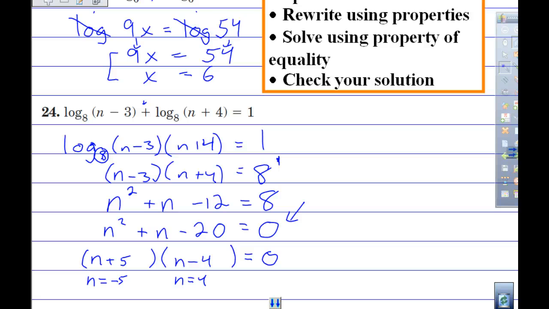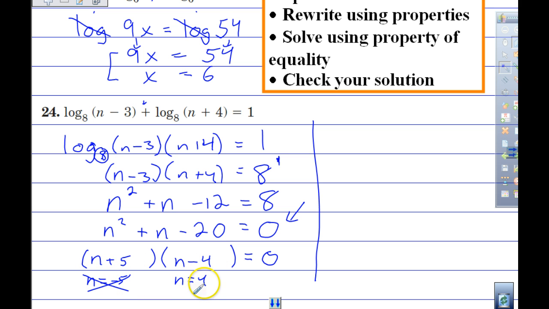Okay, is that it? No? What else? All right, so check your answers. Do they both work? Good. So if you plug in negative 5, does it work? Negative 5 minus 3 is negative 8. Can you take the log of negative 8? No. Yeah, so we throw out negative 5.